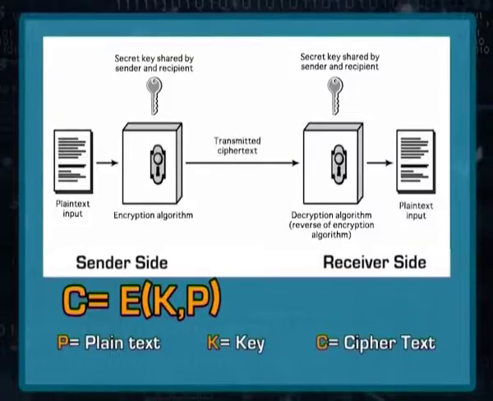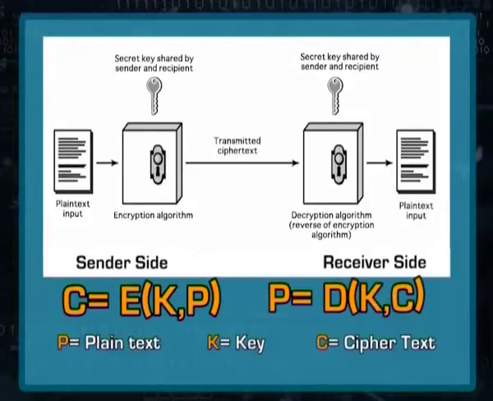On the sender side, with the message P, that is plain text, and the encryption key K as input, the encryption algorithm forms the ciphertext C. We can write this as C = E(K, P), that is, ciphertext is equal to the encryption function of the key and the plain text, where P is equal to plain text, K is equal to key and C is equal to the ciphertext.